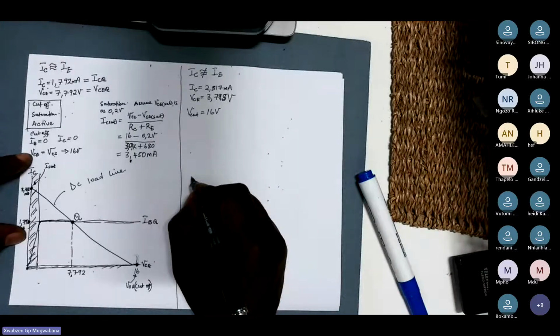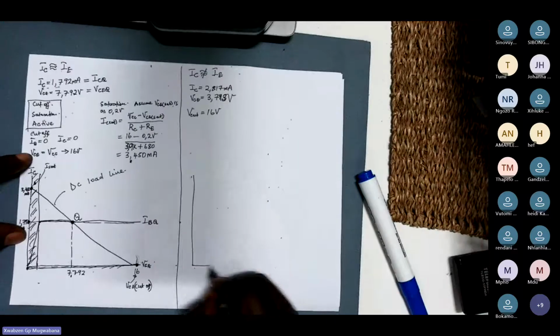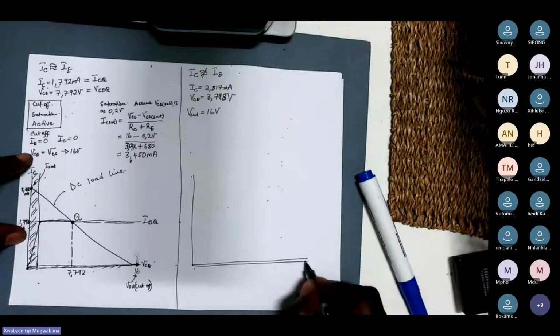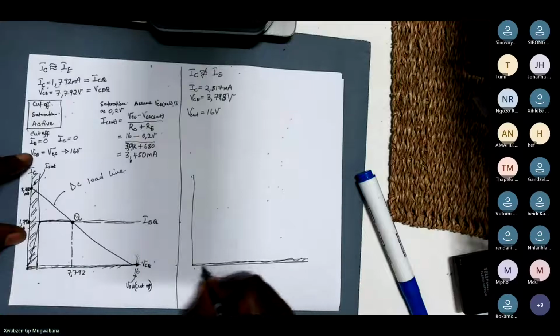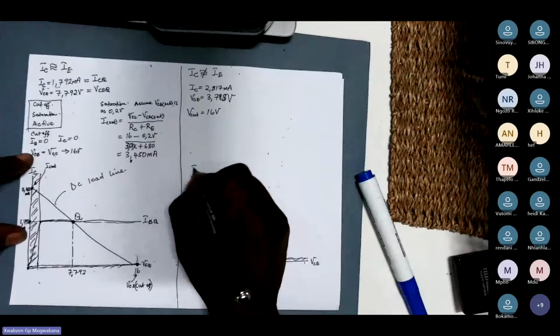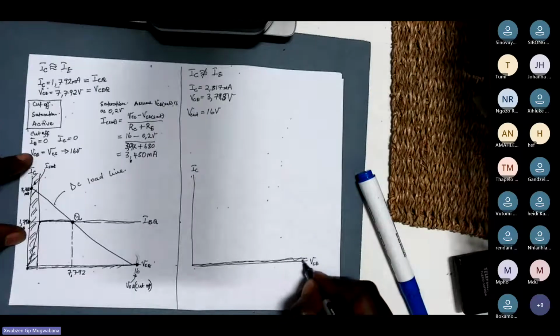Then we draw the collector characteristic curve, which means at that portion there is where your cutoff region is. This is your VCE, and that is your IC, so cutoff is at that point there, which is 16 volts. That is your VCE cutoff.